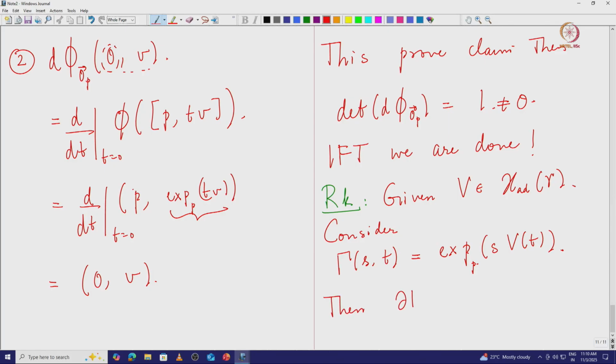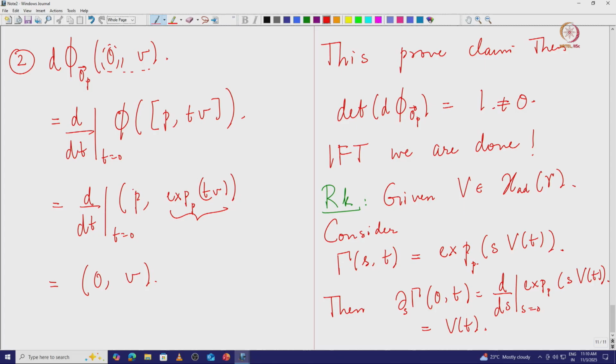Then by definition, if you consider the derivative in the s direction at 0, then by one of our earlier propositions, that is precisely V(t). So this gives us a general construction of variations out of variation vector fields, out of possible admissible vector fields along gamma.